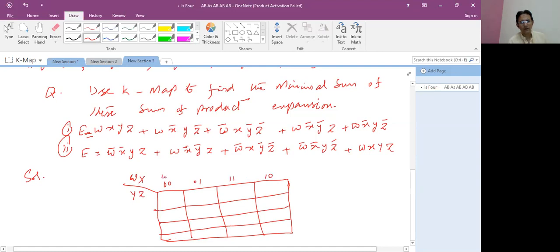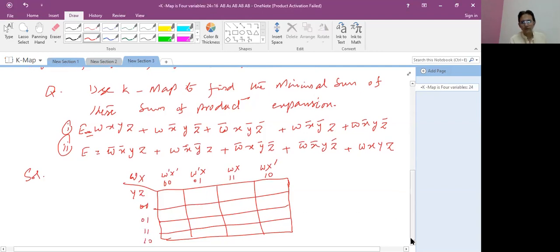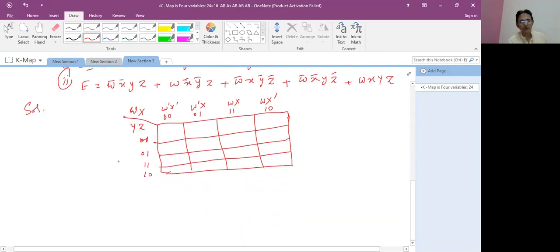It means W and X both are complemented, W complemented X as it is, WX, and W X complement. Similarly, in this vertical column, 0, 0, 0, 1, 1, 1, 1, 0. It means both are complemented, Y complemented Z as it is, YZ as it is, and Y Z complemented.